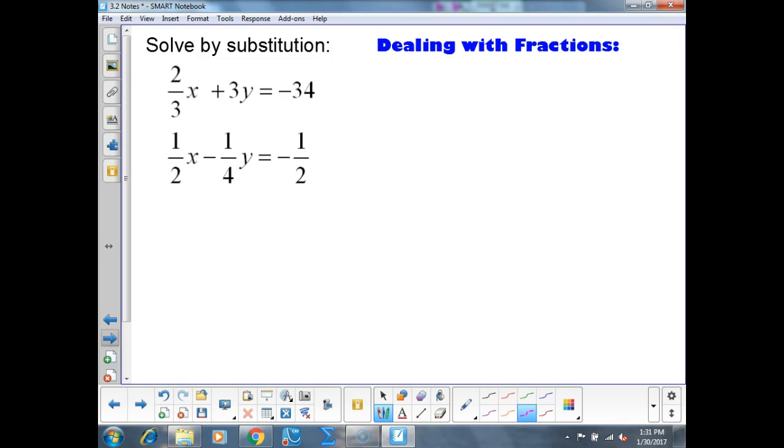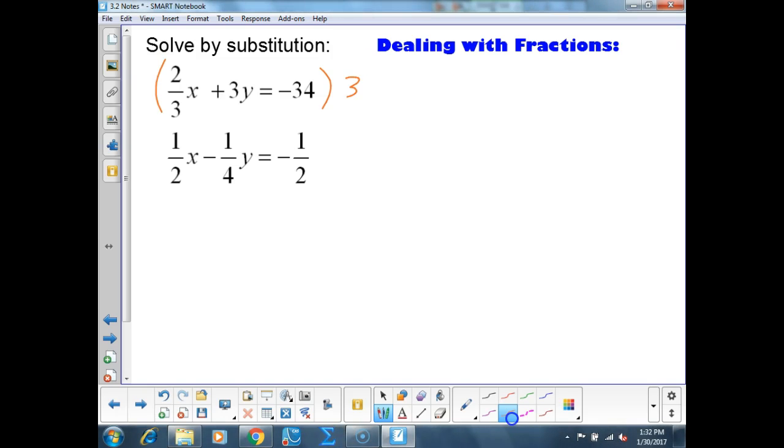Do you like fractions? Okay. Can we just get rid of both of the fractions, or can we get rid of all the fractions first? So if I got rid of all of the fractions first, I would multiply this whole equation by what? The top one. Multiply it by 3.